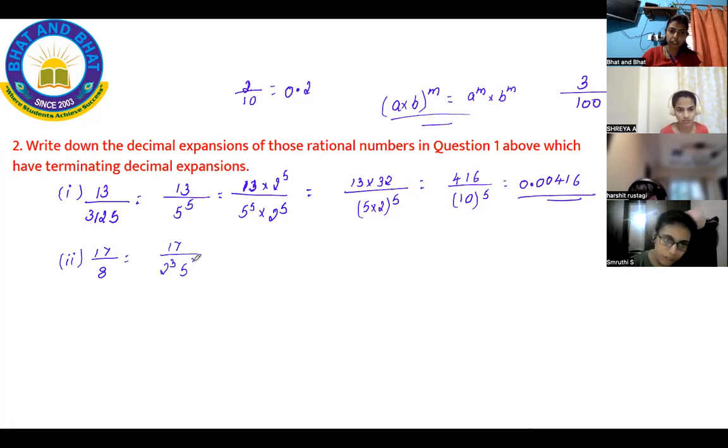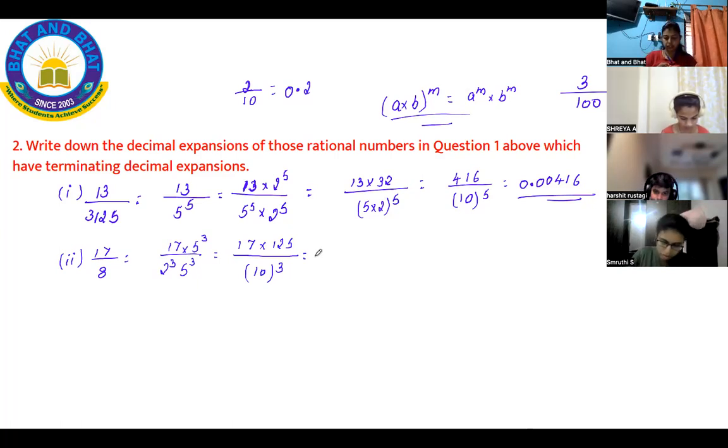Then we will multiply it with 5 raised to 3 in the numerator and denominator. So 17 into 5 raised to 3 is 125. Correct? 25 into 5, 125. Yes. And the denominator can be written as 10 raised to 3. Now, how much is 17 into 125?